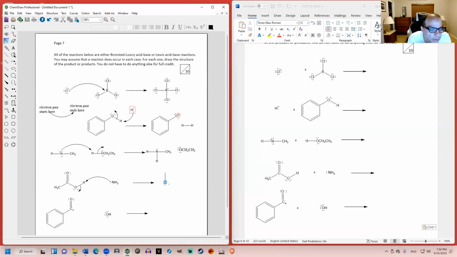So what we get out of it is the acetate ion. So there's the acetate ion.